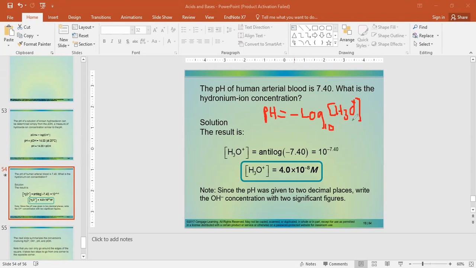But now the pH is given as 7.4. How will you get the concentration? You get the anti-log.